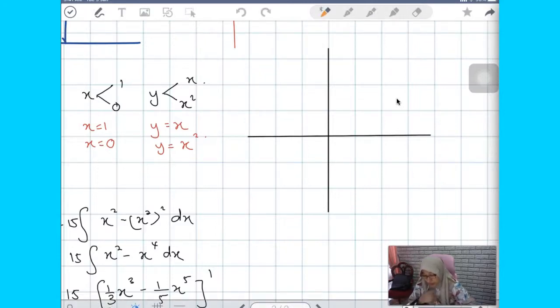Okay, so you got 4 here, right? So normally I will start with something curvy, a curvy line. Okay, not the curvy curve, but a curvy line. So which one is the curvy line? This one, right? The quadratic. So you draw the quadratic.